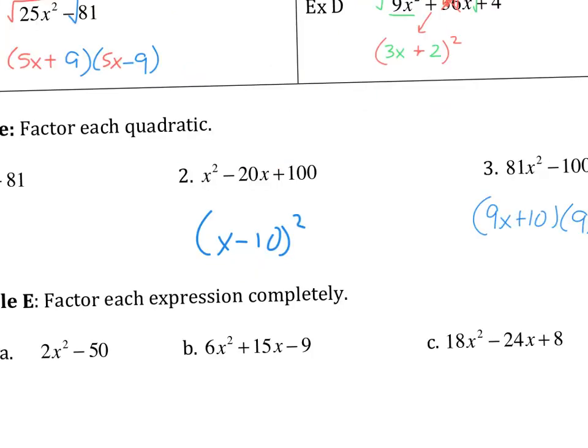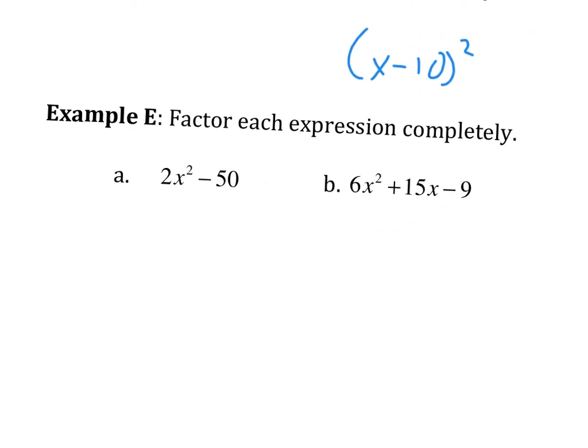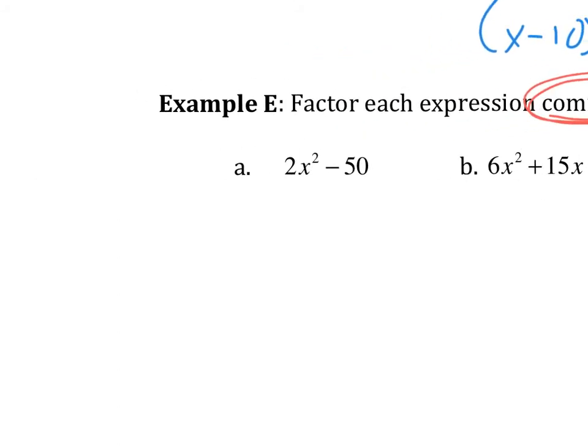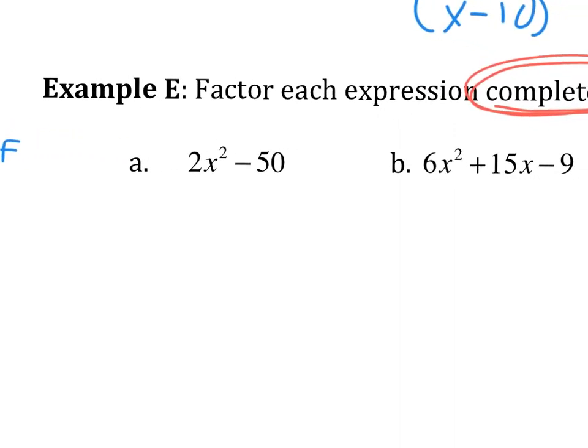And now the last thing I want to show us is to factor completely. Yesterday, our first step was to always check, number one, to factor out any GCFs. So I wanted to get us in the habit of that, so that when we approach a problem like this, GCF is always the first thing we check. So if I look at this first problem, I notice that I have a 2 in the front, and this is even.